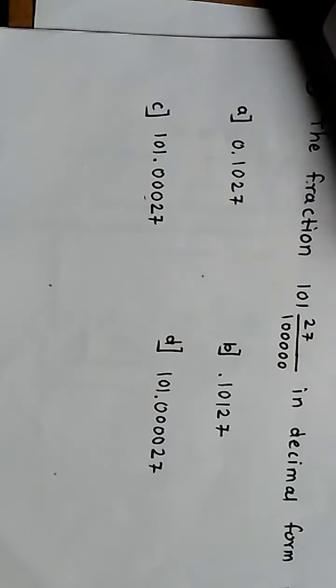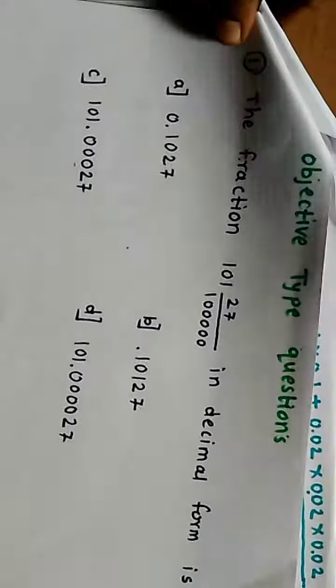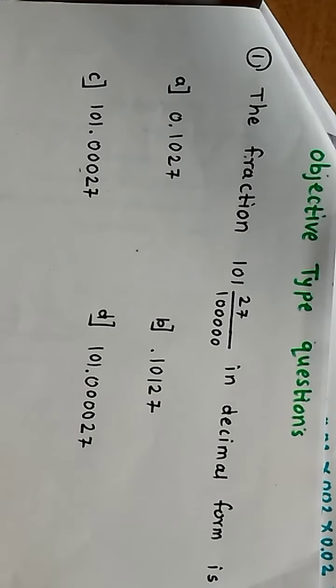Next, we now take some objective type questions. The first objective type question is: the fraction 10127 divided by 1 lakh in decimal form is?